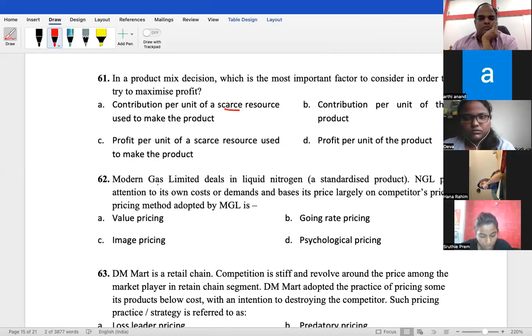Option B, contribution per unit of the product. C, profit per unit of a scarce resource used to make the product. D, profit per unit of the product. The right answer is contribution per key factor, nothing but contribution per scarce resource. We already did a similar question, right? Contribution per key factor question.